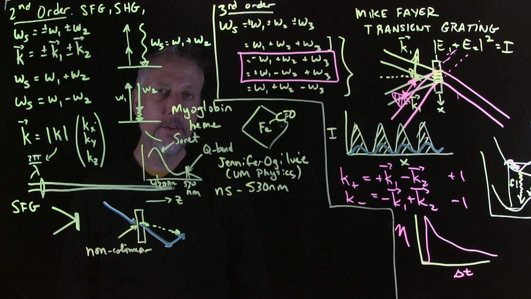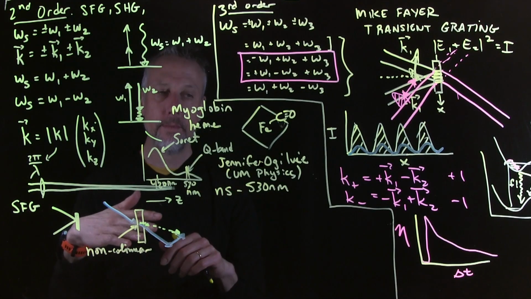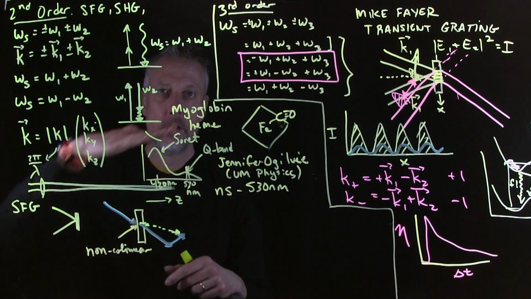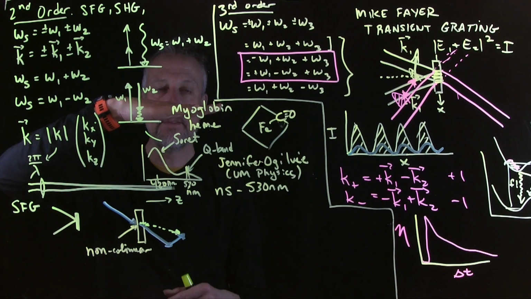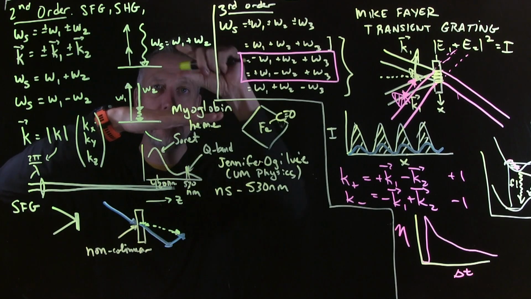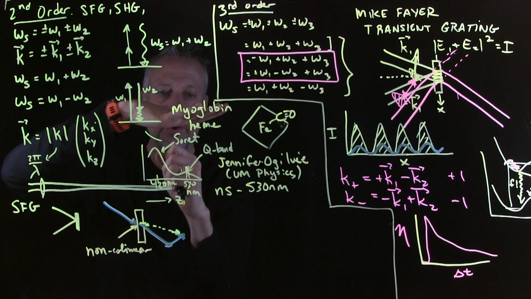Anyway, what turns out to happen that's really remarkable is when the heme is excited to the excited state and the carbon monoxide comes off, if you look edge-on at a heme, it's flat. This is a histidine on the bottom, what I call the bottom, and the carbon monoxide would be on top. When the carbon monoxide comes off, the heme domes and pushes down on this histidine that's here.